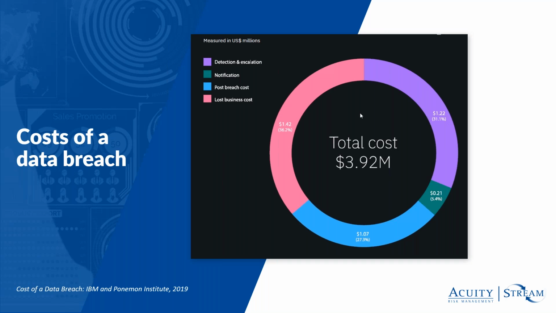They found that in the 2019 report, the average cost globally of data breaches was just under $4 million. And there were 4 main contributors to those costs. So lost business, which accounted for about 36%, post-breach costs, notification costs to regulators and to affected individuals, and detection and escalation costs.